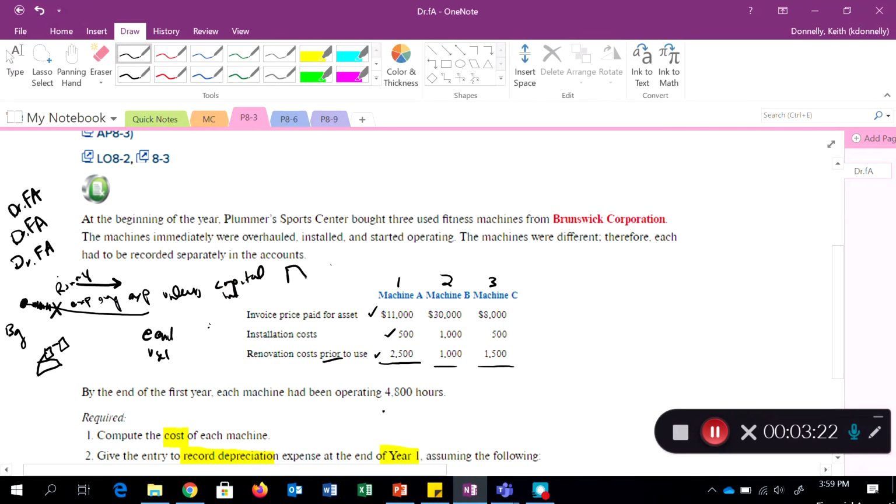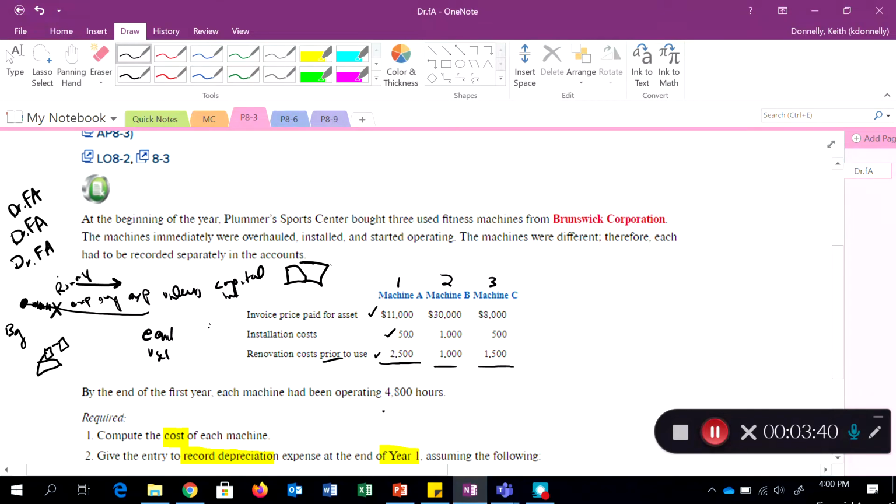So like, we have a building and then we put an addition to it. We talked about that. Generally small, ordinary repairs you expense along the way.